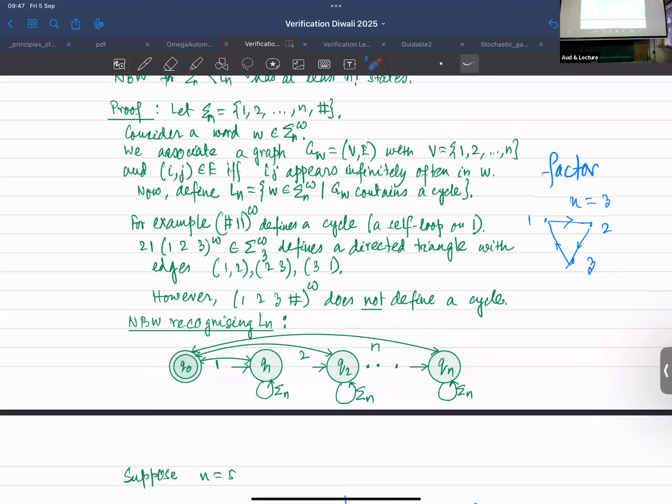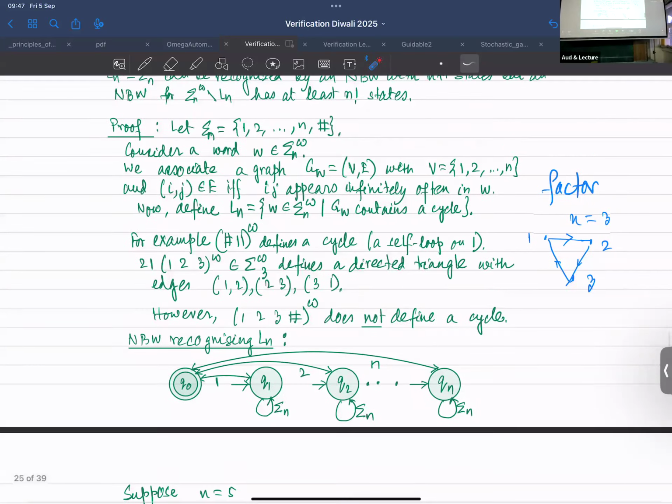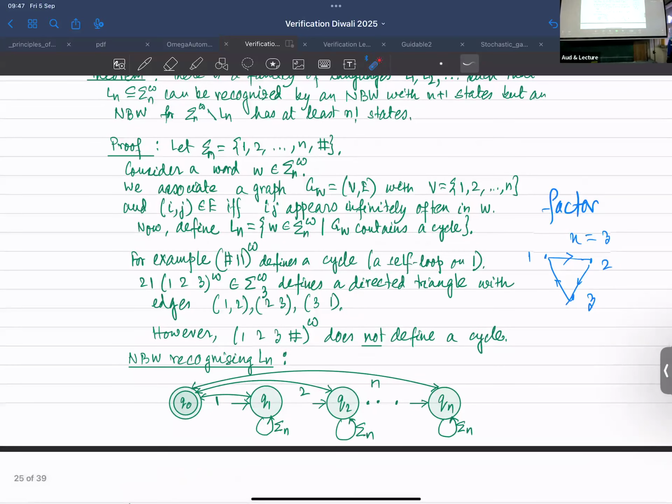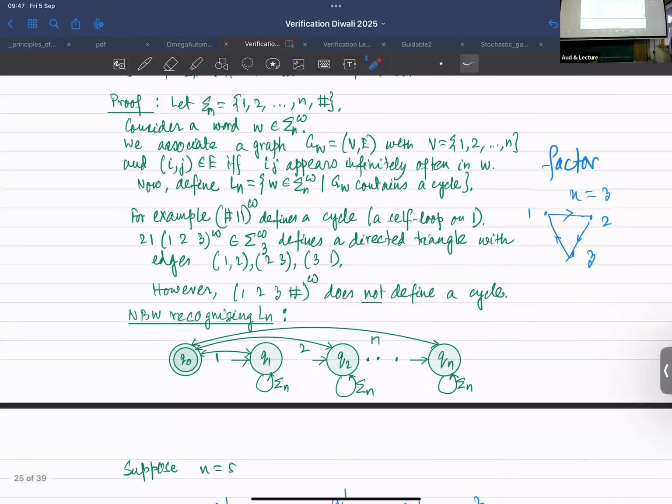We are going to show that this particular automaton has n plus 1 states, from Q0 to Qn, and that any NBW which accepts the complement language will have at least n factorial states. So this is what we are going to prove. This is the family of languages we are going to show the result with.